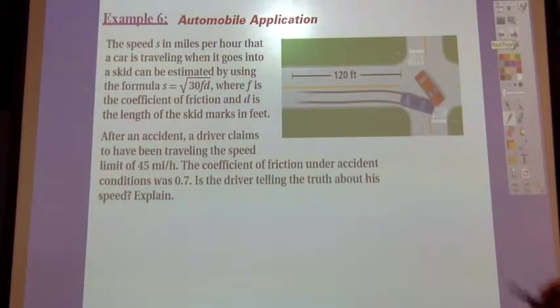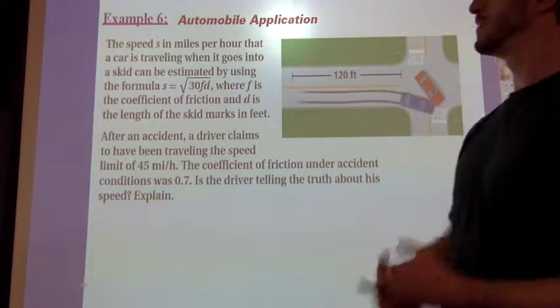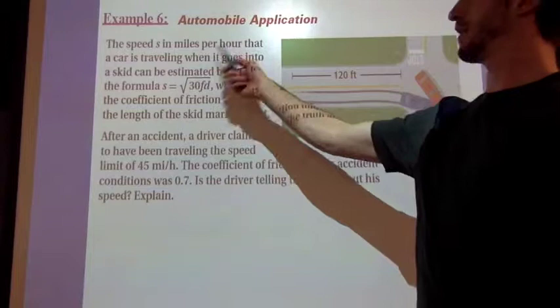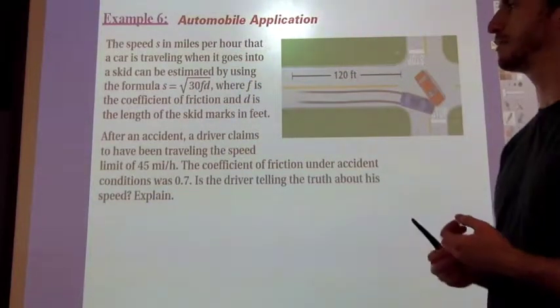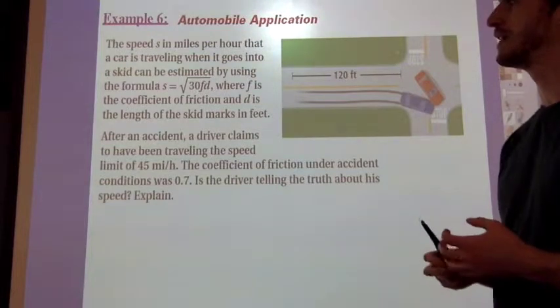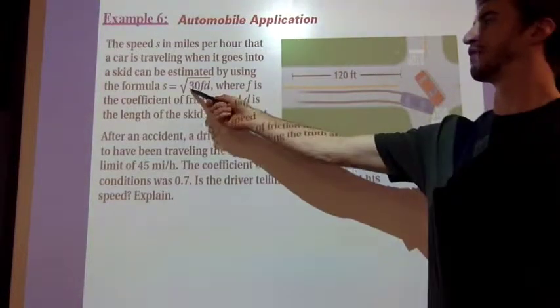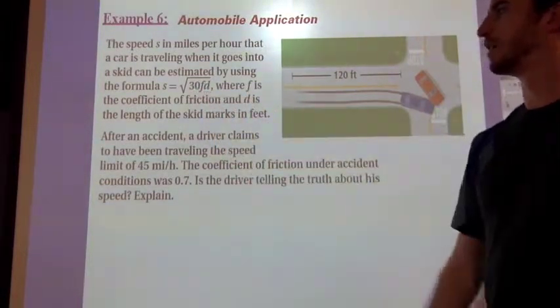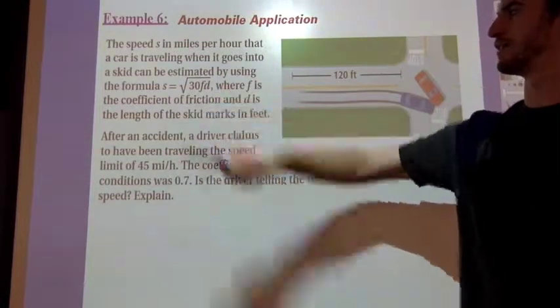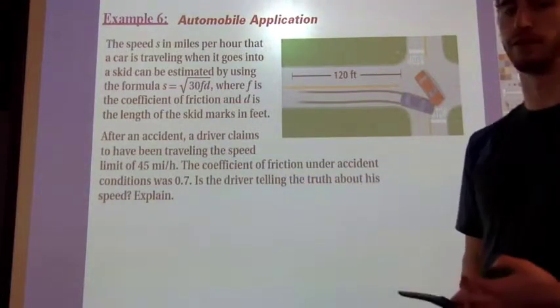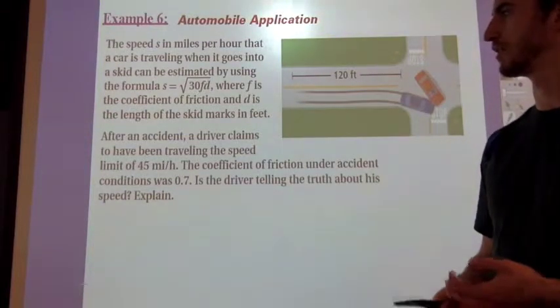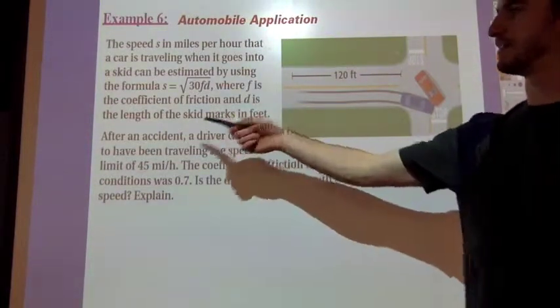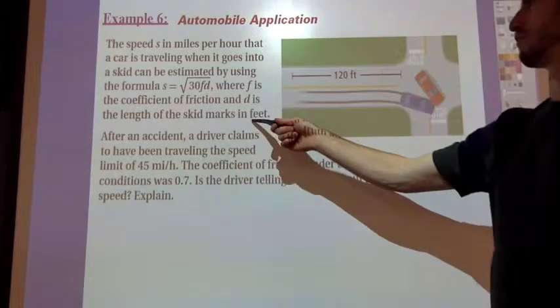Final problem. The speed s in miles per hour that a car is traveling when it goes into a skid can be estimated by using the formula s equals the square root of 30FD, where F is the coefficient of friction. I don't know if any of you are in physics, but you're going to be using the coefficient of friction a lot. And D is the length of the skid marks in feet.